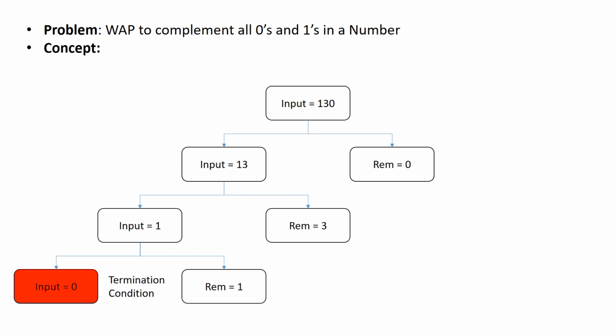Now we reach the termination condition. The termination condition is very important in a recursion problem, otherwise your function will run indefinitely. So when the input is 1, your remainder will be 1, because input mod 10 gives remainder 1, but 1 divided by 10 gives a dividend of 0.